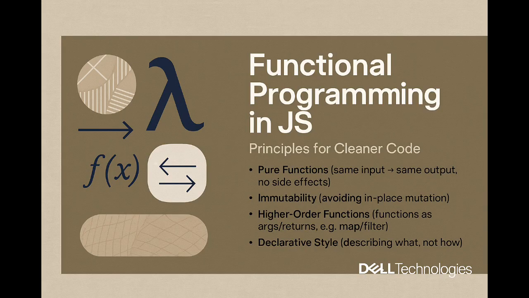Embracing functional programming can significantly improve the reliability and maintainability of your code. Bugs are often introduced when state changes in unexpected ways or when functions produce different outputs for the same input due to hidden dependencies. By striving for pure functions and controlled side effects, you reduce those surprises.